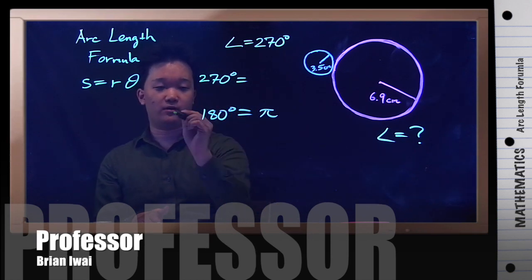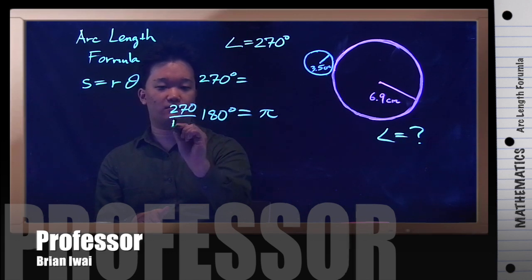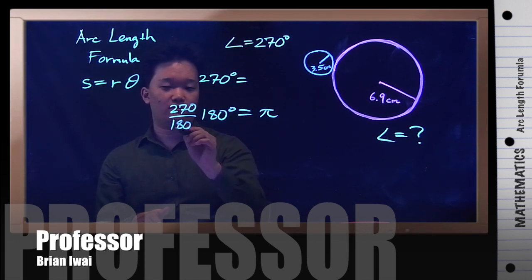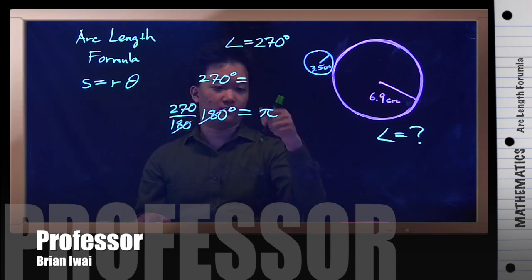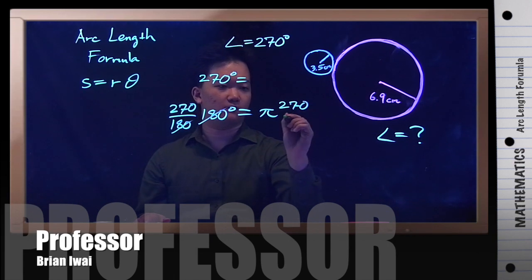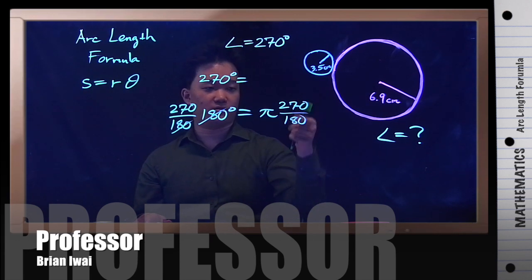If I multiply 180 by 270 over 180, the 180s cancel out and I just get 270. Since I multiplied the left side by 270 over 180, I'm also going to multiply the right side, pi, by 270 over 180. Now 270 over 180, I can cancel the zeros, so I have 27 over 18.